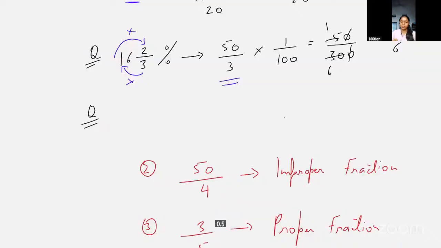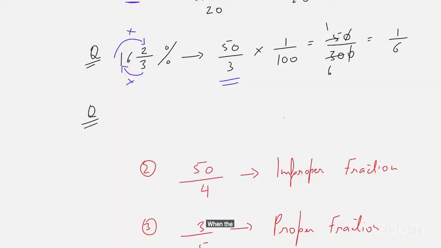Take 0.5%, where the percentage is in decimal, or we can just take a slightly bigger number, 11.5%. What to do now, when it is in decimal?